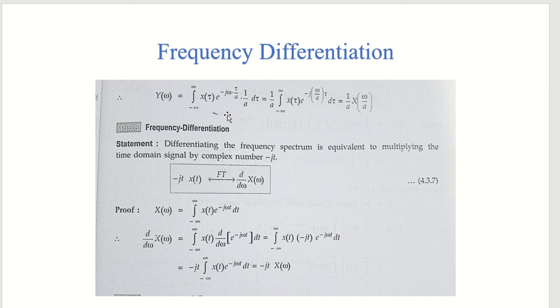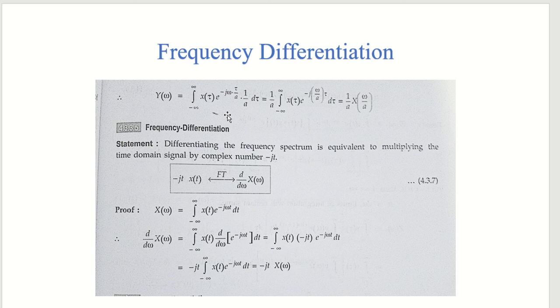And let's try to find the proof of that as well. We will take the input signal in the integral from minus infinity to infinity of x of t into e raised to minus j omega t dt.